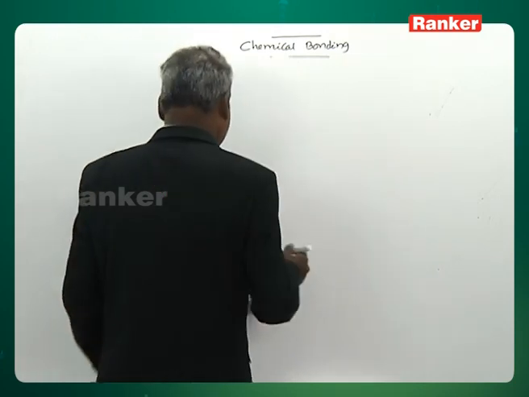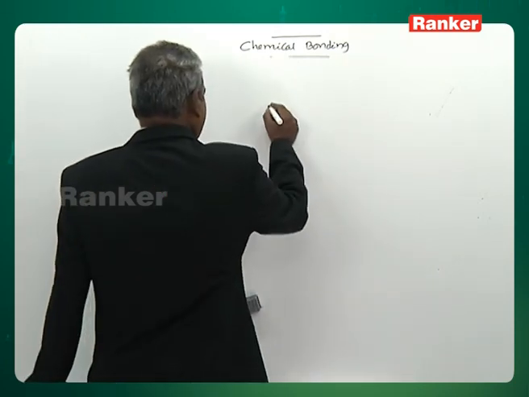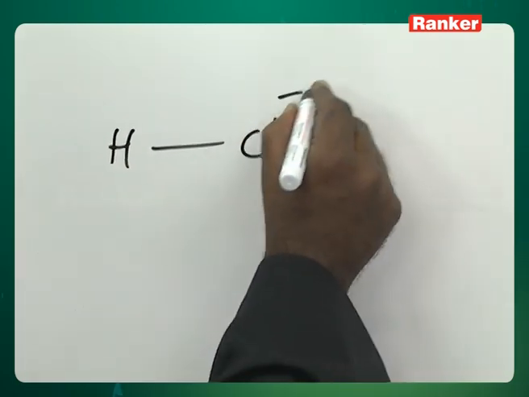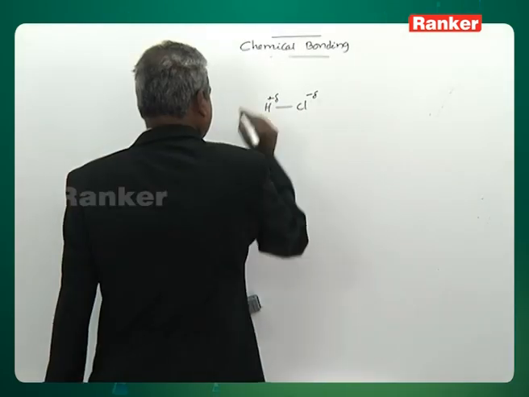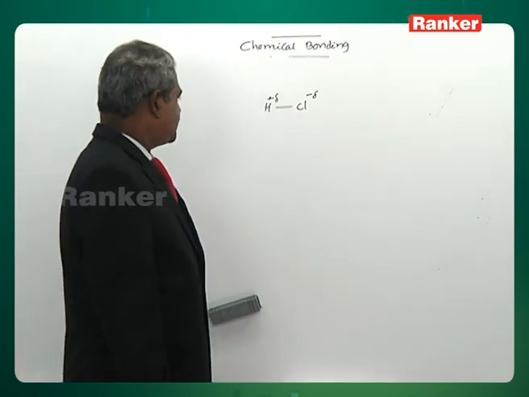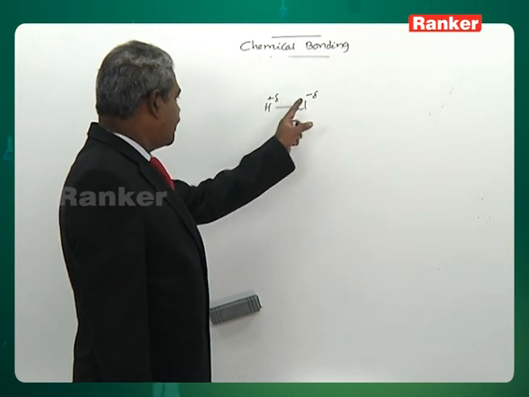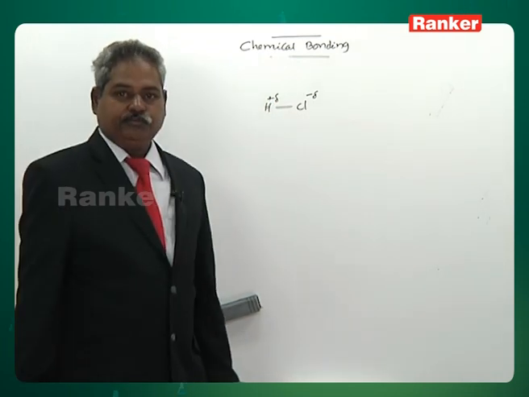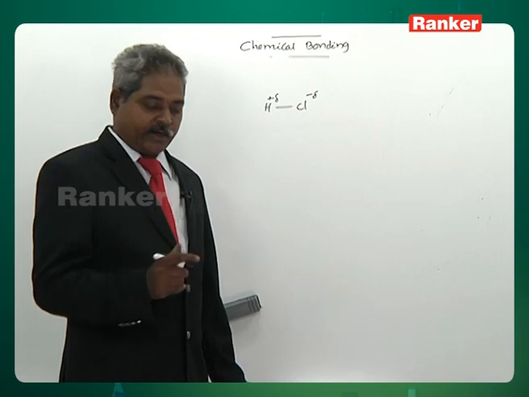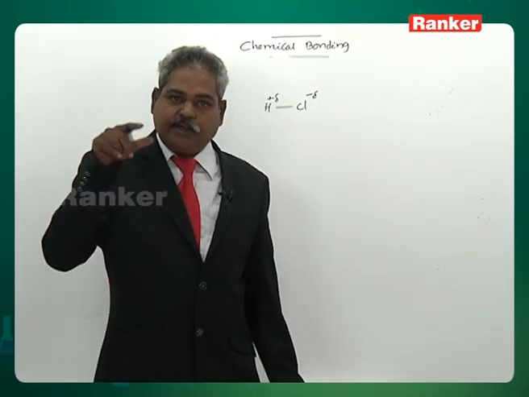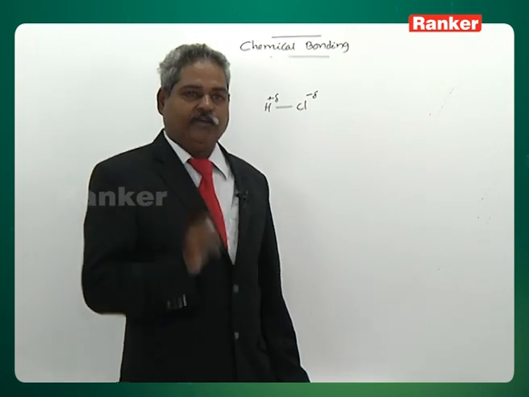And as a result of this polarity, this becomes minus delta and this becomes plus delta, and there is an electrostatic force of attraction between these two. Whenever there is a force multiplied by distance, a moment is developed.